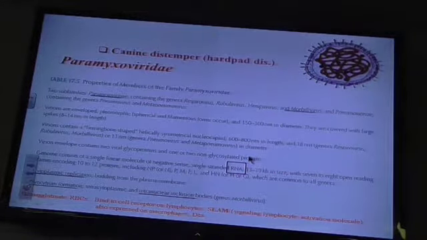Very important. It belongs to the subfamily Paramyxovirinae, and the genus is Morbillivirus. This is an RNA virus. However, strangely, it leaves intranuclear inclusions.